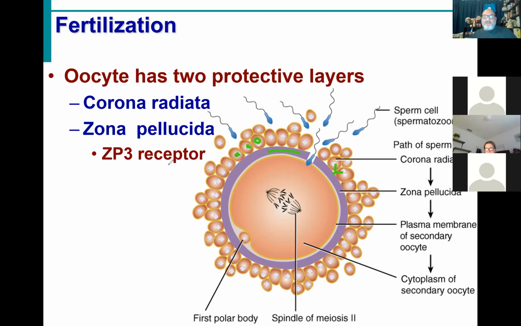I'm not sure what happened to ZP1 and ZP2, but the important one for us is the ZP3. Remember, I mentioned part of the capacitation process is that acrosomal cap becoming fragile. Well, when the head of the sperm comes in contact with that ZP3 receptor, that is what triggers the release of those digestive enzymes. So all of those, and I'll change colors here.